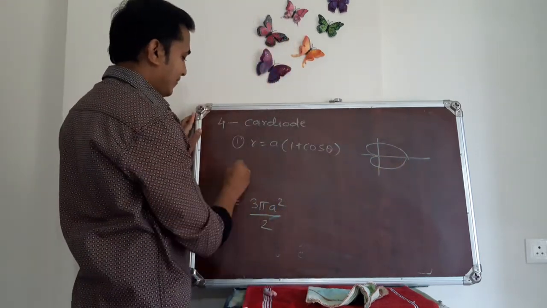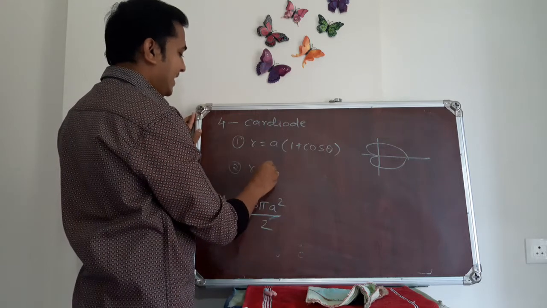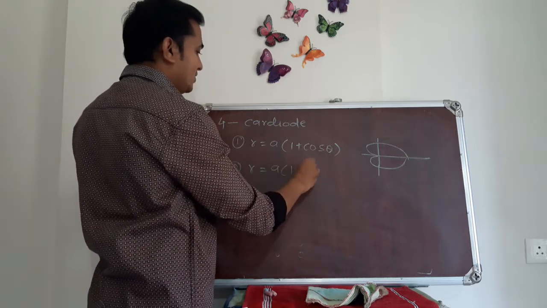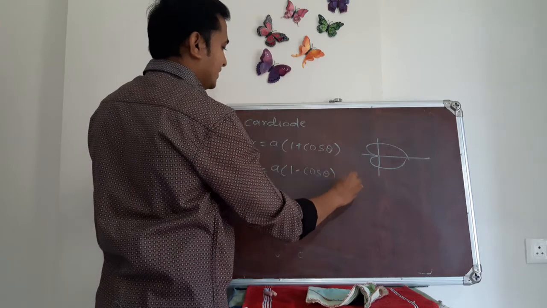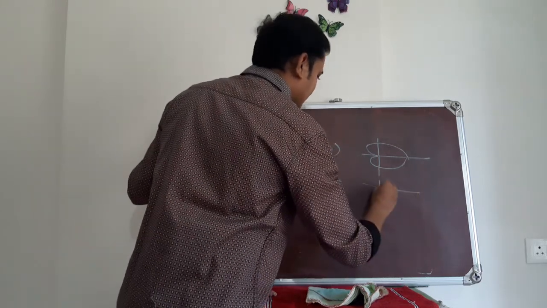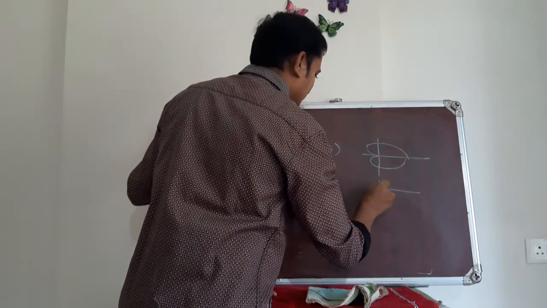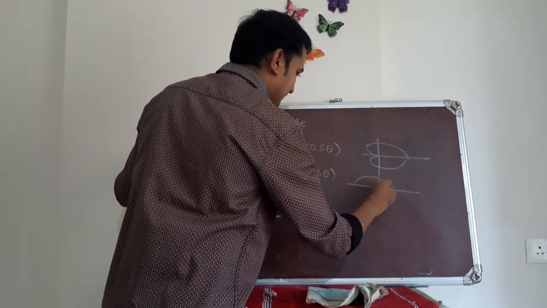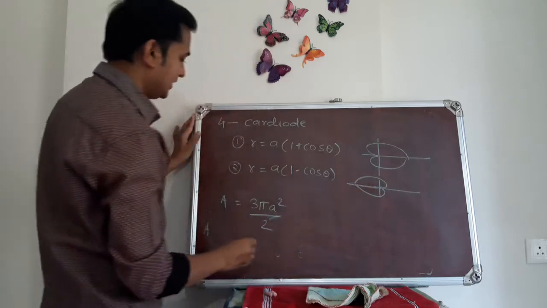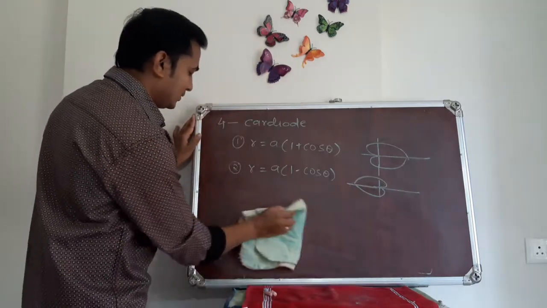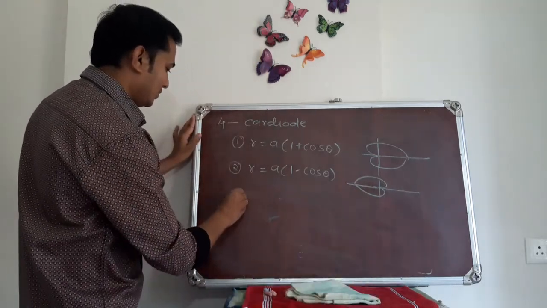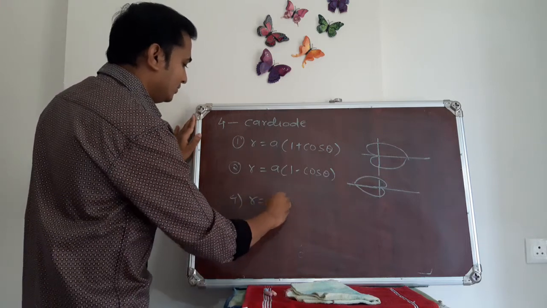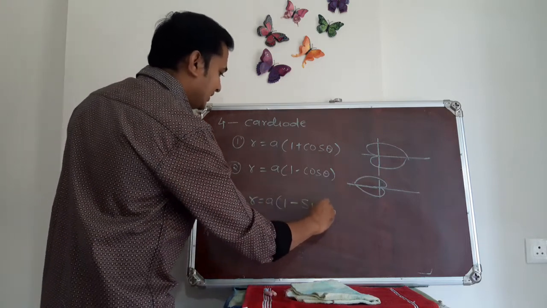Second, r is equal to a into 1 minus cos theta. This is something like this. Okay. Fourth, r is equal to a into 1 minus sin theta.